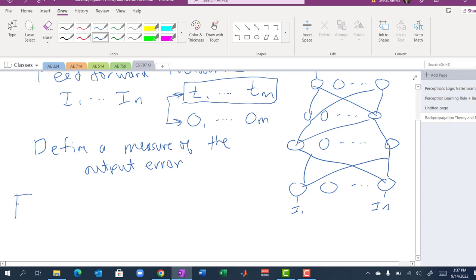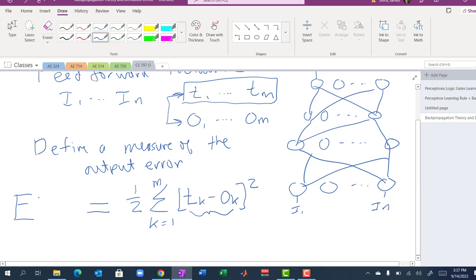So we're going to call that E. And it's written as 1/2 the sum of all of the individual output errors squared. So this is neuron number K, output error, and we square those and sum them all up.